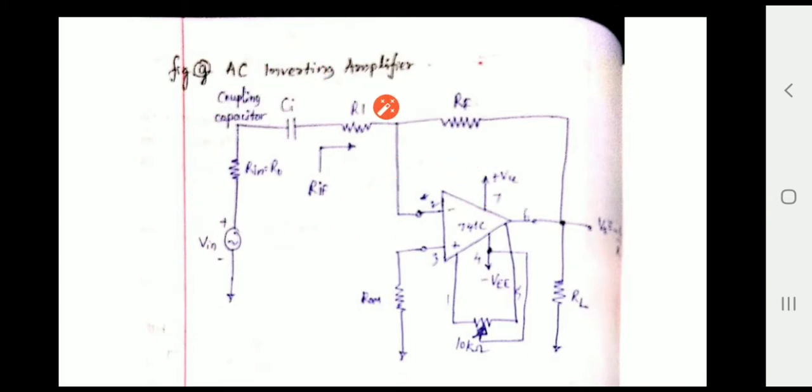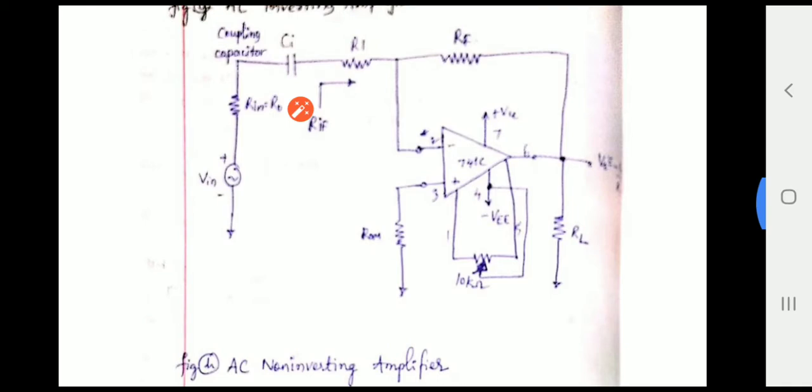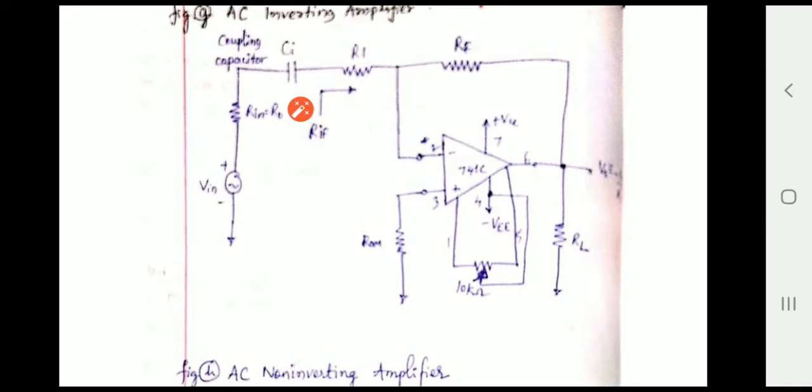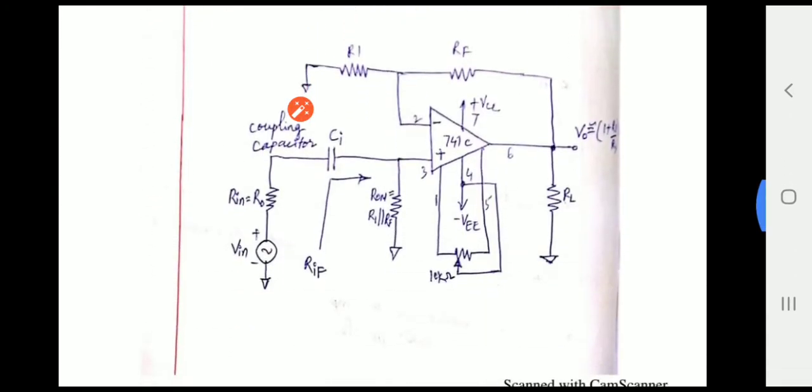Ci is the input coupling capacitor, RiF is the input resistance, and Rin equals R0, the output resistance taken from the previous stage when connected in cascade. It is the same inverting amplifier circuit, with only one coupling capacitor connected, the same circuit discussed for DC. Similarly for non-inverting, only one coupling capacitor, and the remaining circuit is similar.